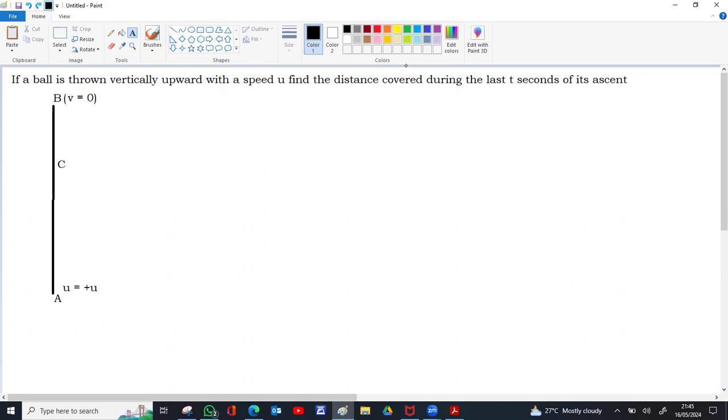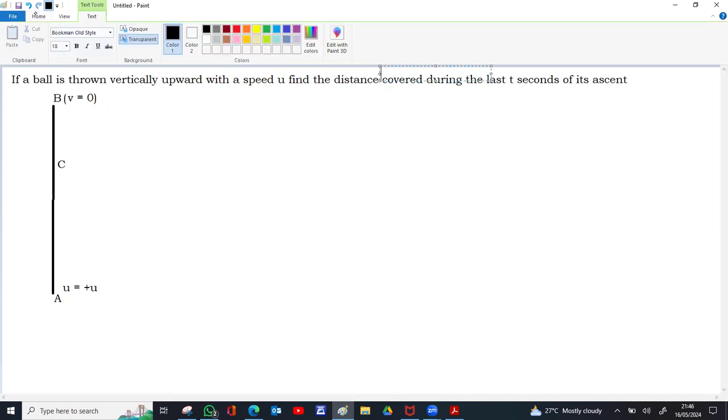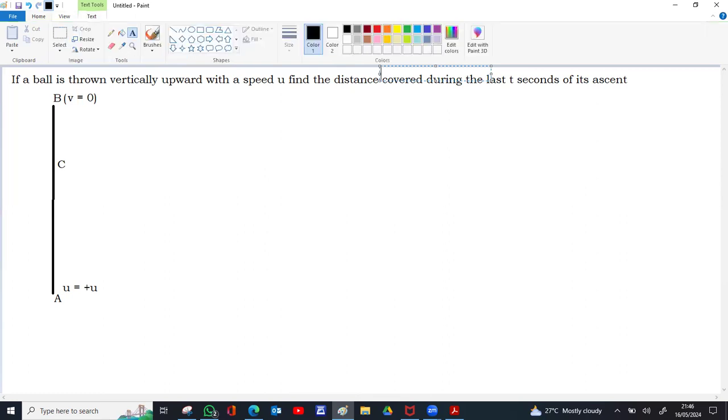Now we want the distance covered within the last 3 seconds of its ascent. So C to B will be the last 3 seconds. If the total time from A to B is a certain value, then A to C will be 3 seconds less compared to that. You are supposed to find C to B, which is h.